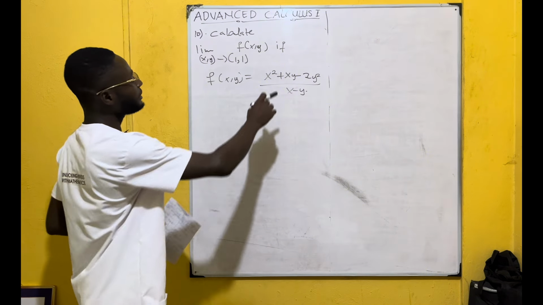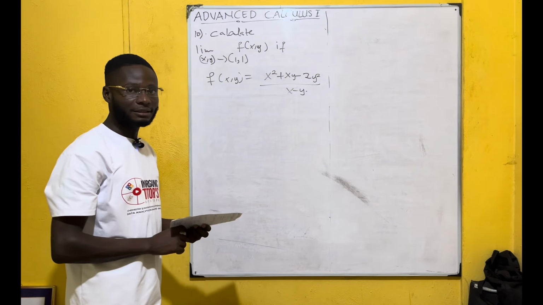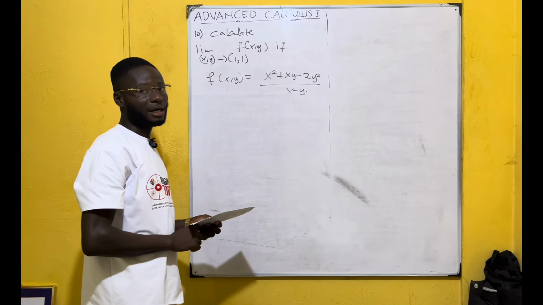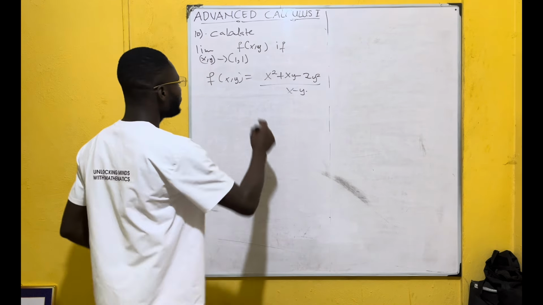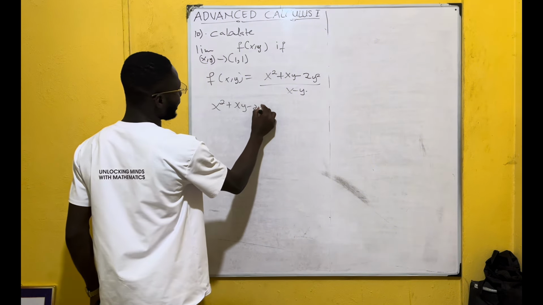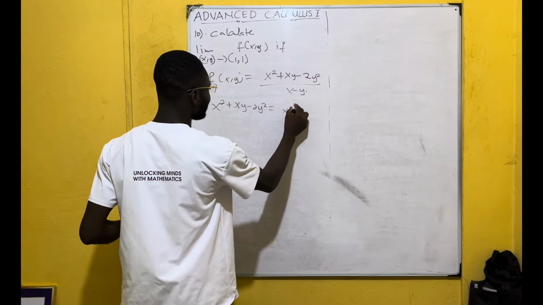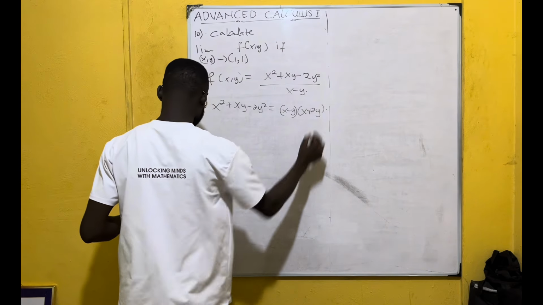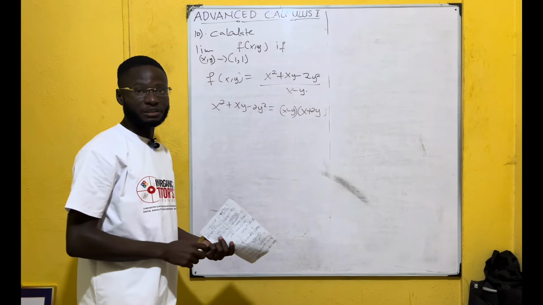So the numerator x squared plus xy minus 2y squared can be factorized to have x minus y times x plus 2y.